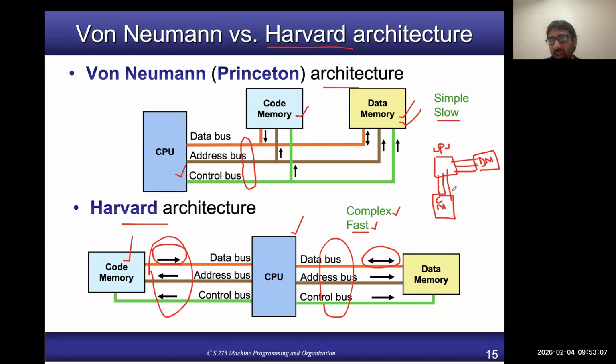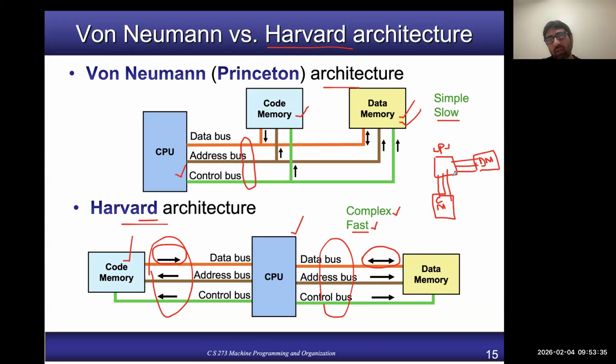And these buses are crossing the chip boundary. Now, if you remember from our previous discussion, whenever the communication lines cross the chip boundary, communication becomes super slow. So if we use this Harvard architecture in general purpose processors, our processors will be super slow, right?